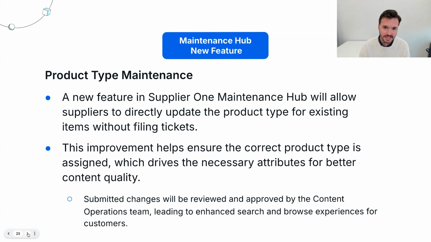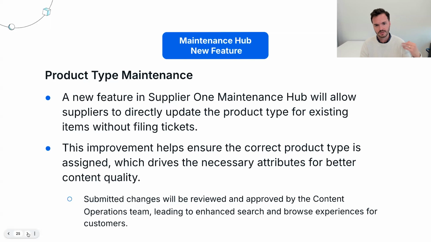So this is a newer feature that we wanted to highlight in the maintenance hub, which is product type maintenance. This will allow suppliers to directly update the product type for existing items without filing tickets. So it takes some of the time out of that process. It helps ensure the correct product type is assigned, which is what's going to help drive the necessary attributes for better content quality.